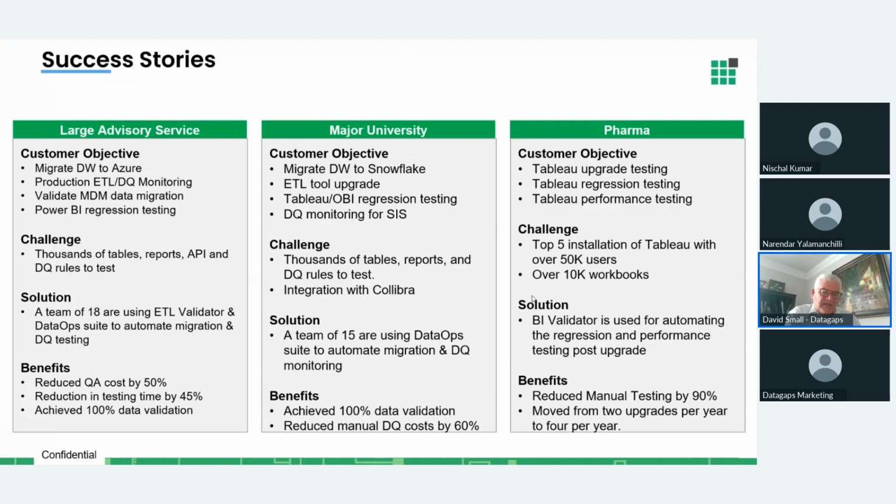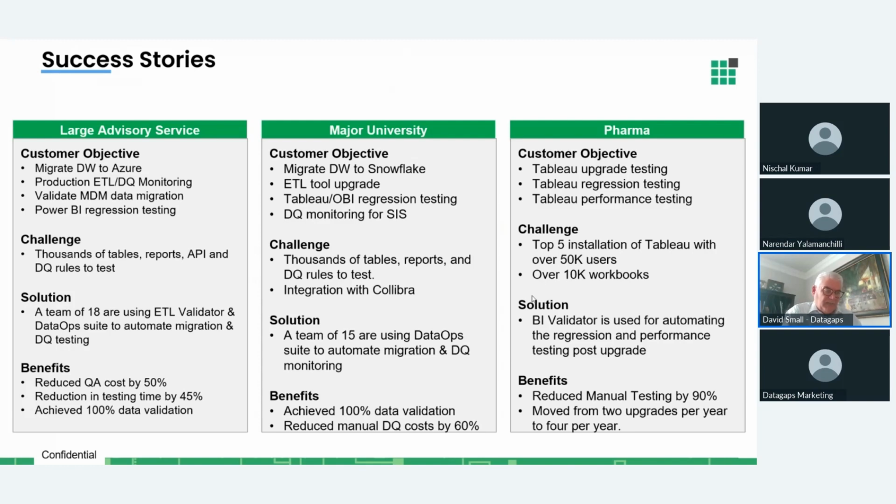And before bringing us in, they were doing a fraction of the testing of the data that's coming into their enterprise. They were doing about 20%, and a lot of it was being done manually. So what they found with us is they could do 100% of the data validation, and that was critical to them because a lot of the reports and information that they produced were actually consumed by people outside of the organization, the public.